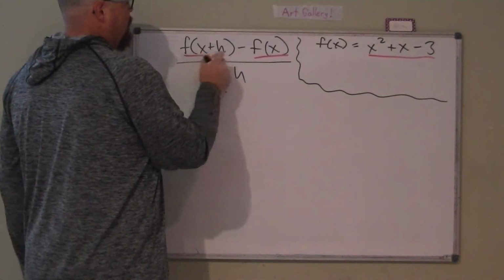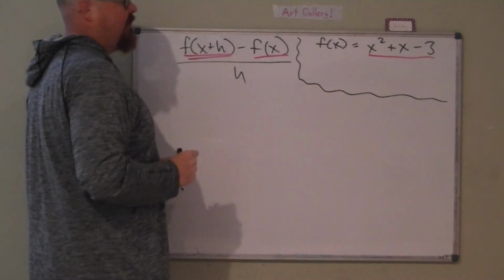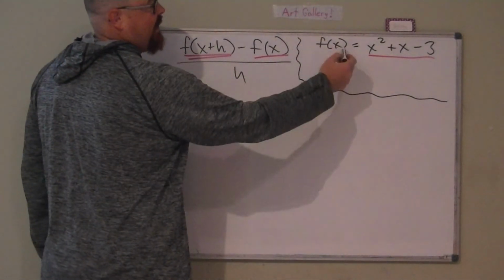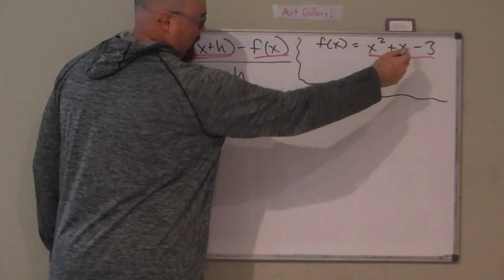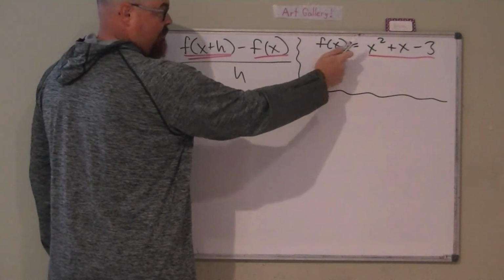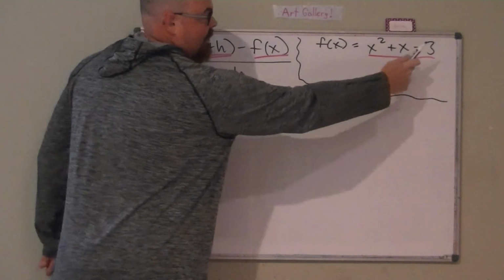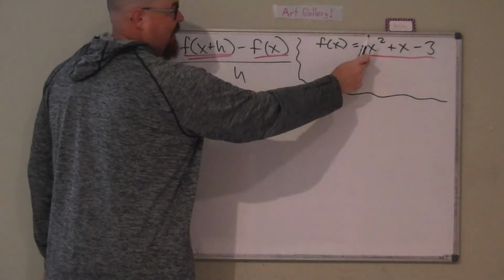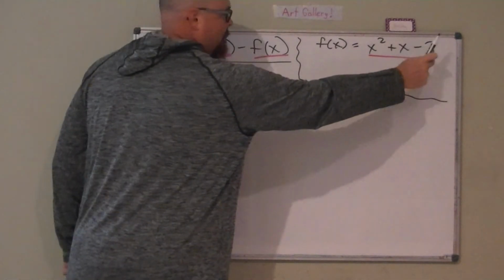What we have to do is determine what's going to go in place of f of x plus h. Well, we talked about this in class. If f of x is x squared plus x minus 3, then if this was a 3, let's say, this would be 3 squared plus 3 minus 3. If this was a negative 8, we would say negative 8 squared plus negative 8 minus 3.